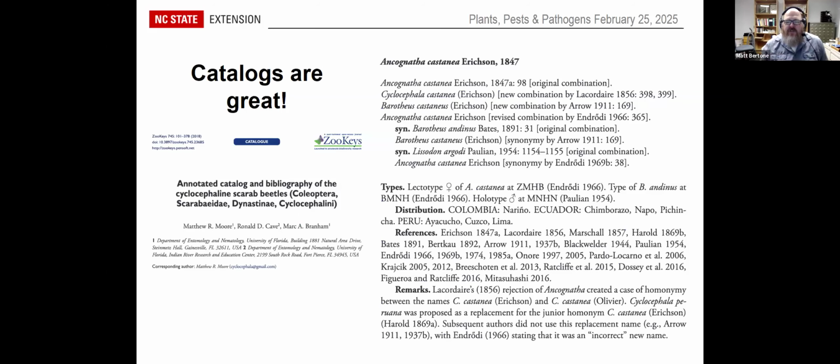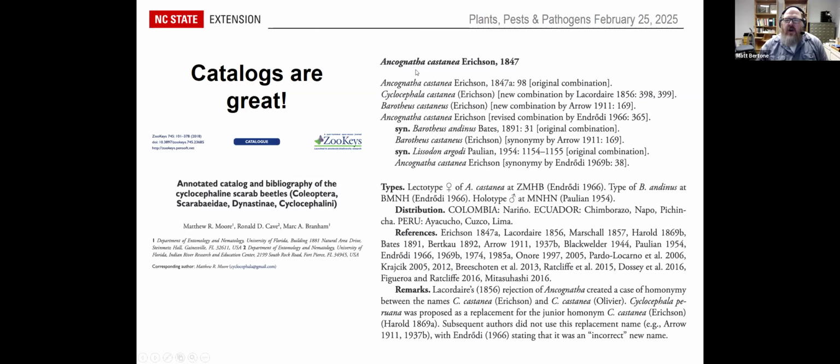And if you're wondering where to find all this information, catalogs in animals are really great. I used to not like them because they don't really help with ID, and so for me that wasn't very helpful. But I will say now catalogs are really amazing in that they basically list all of the previous synonyms, information about where they are, some remarks about the taxonomy.